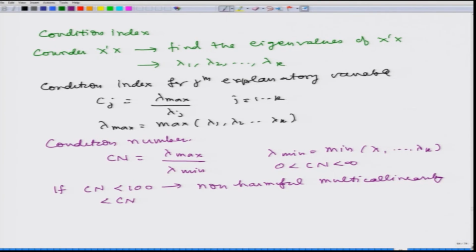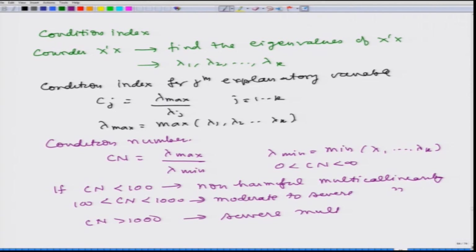Similarly, if the condition number is lying between 100 and 1000, this possibly indicates that the explanatory variables are moderately correlated, and in this case there is moderate to severe multicollinearity. And if the condition number is greater than 1000, this possibly indicates a severe multicollinearity. Again, I would like to say that these guidelines or numbers are only indicative, and not a very hard and fast rule.